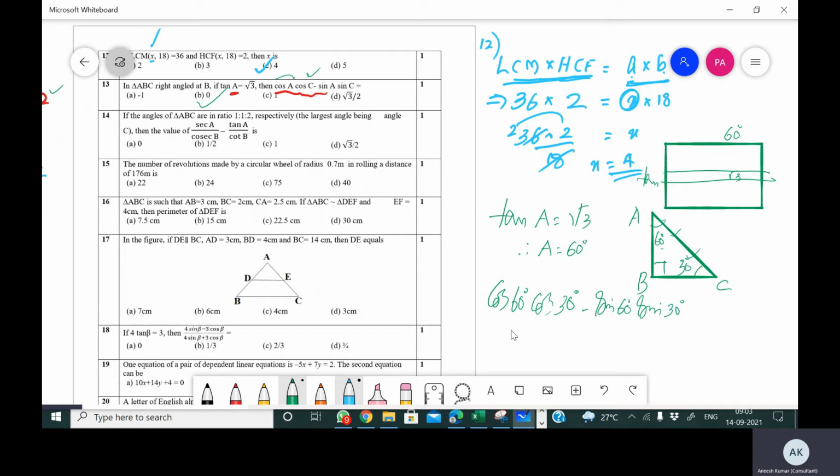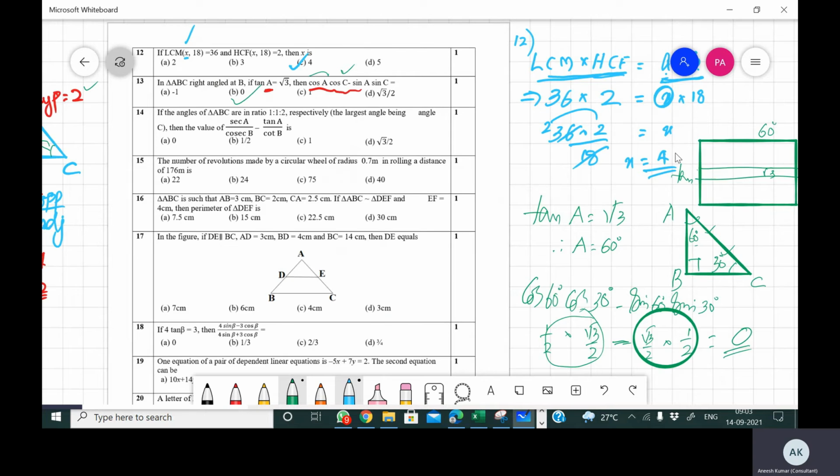Cos 60 is 1 by 2, cos 30 is root 3 by 2 from the table, sin 60 is root 3 by 2, sin 30 is 1 by 2. Here also you can see the same products before and after the minus sign. So the result is 0. In both the cases we are getting the same answer.